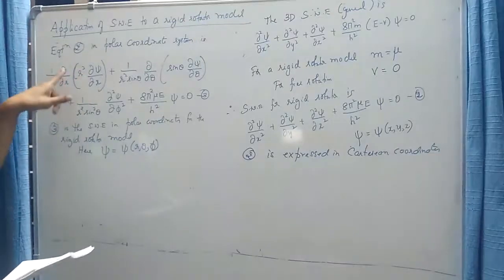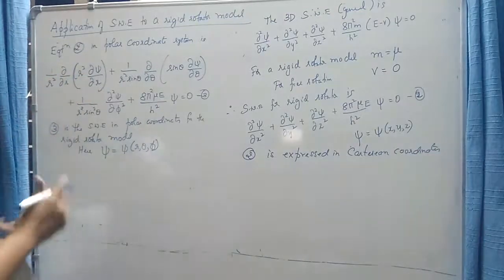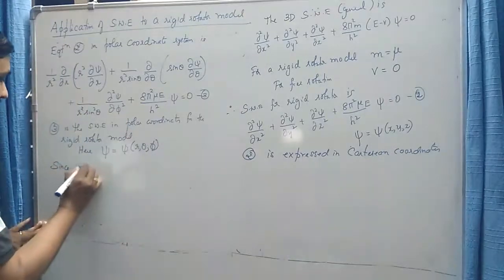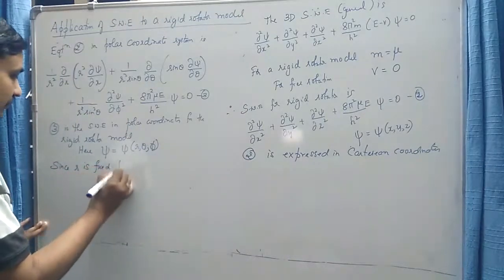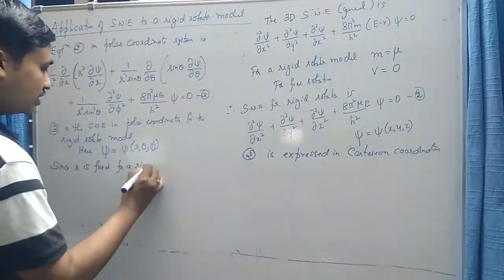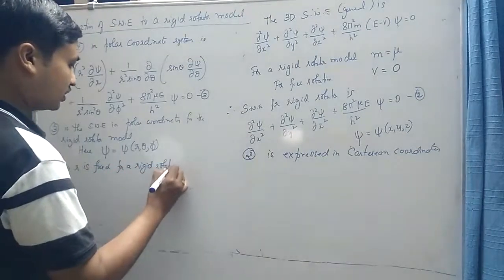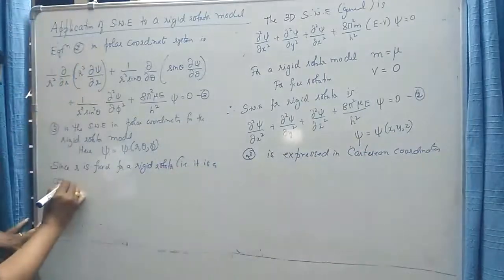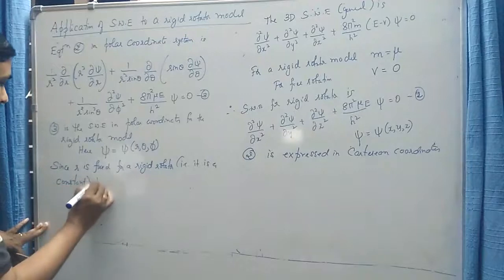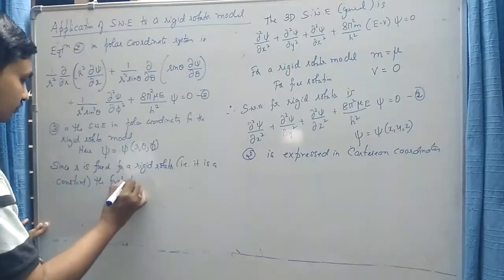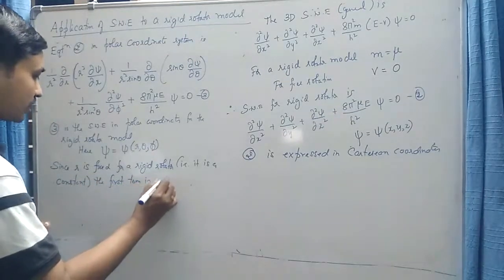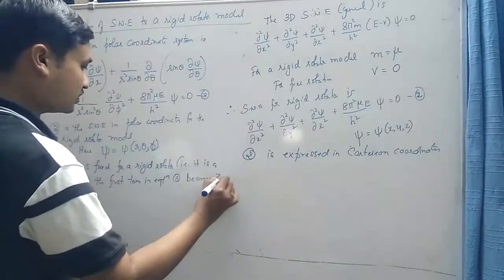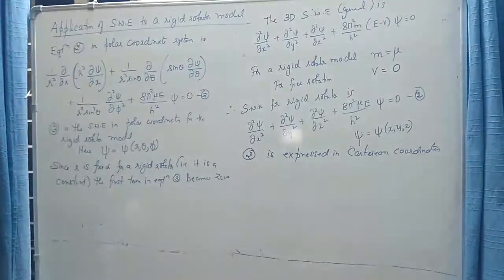The first term of this differential equation becomes 0 since r is fixed, it is a constant and not a variable. The first term in equation 3 becomes 0.